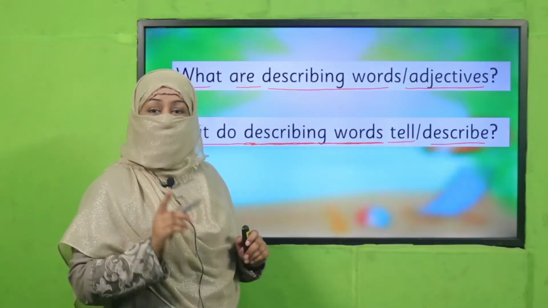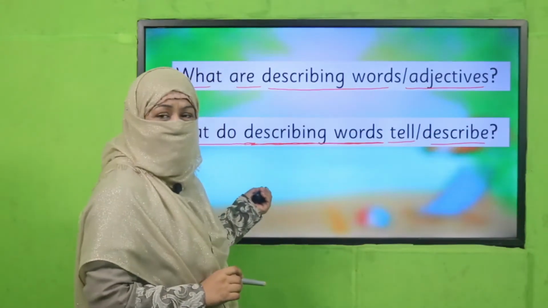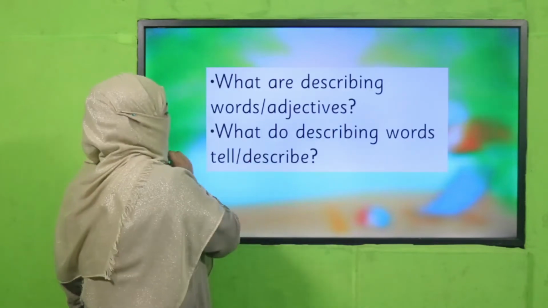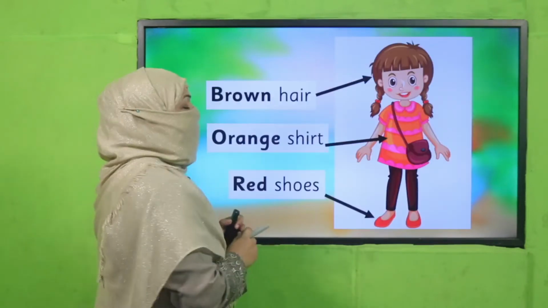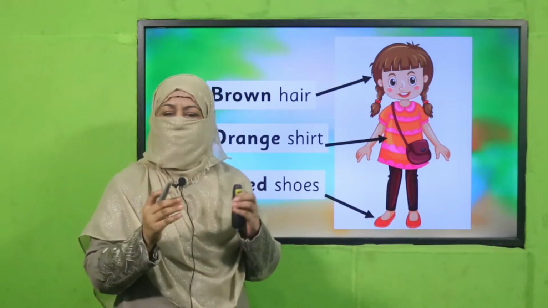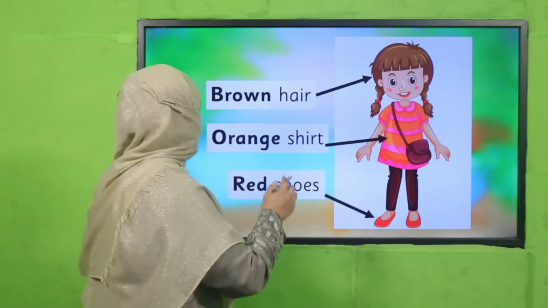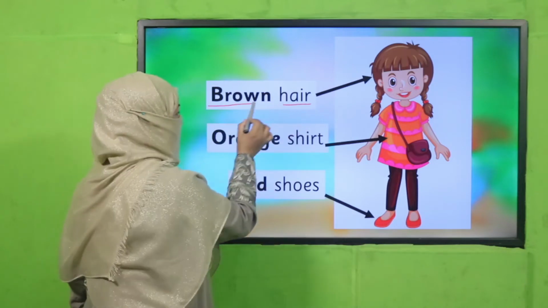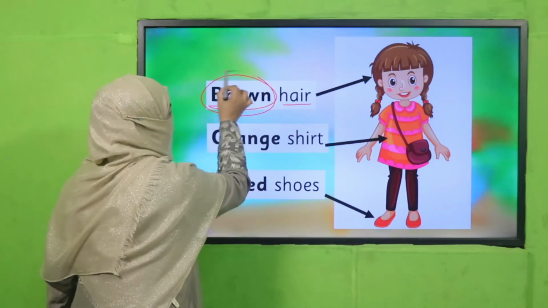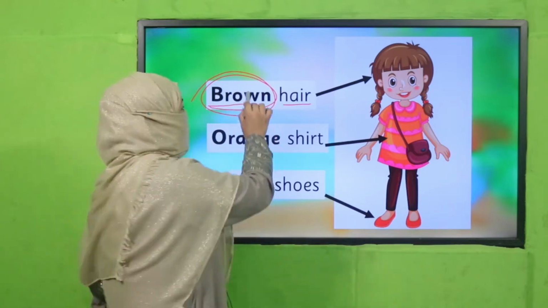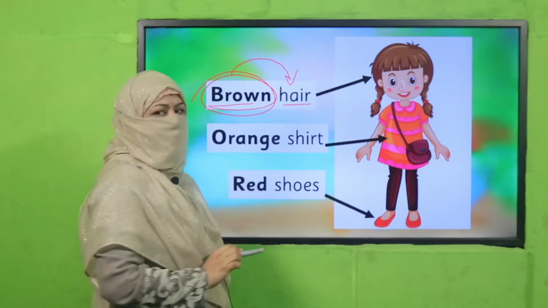Yes, my dear students, I hope you remember adjectives. We have discussed in detail. So adjectives are the words which we use to describe something, right? For example, brown hair. Now this adjective of color is telling us something about this noun, right?